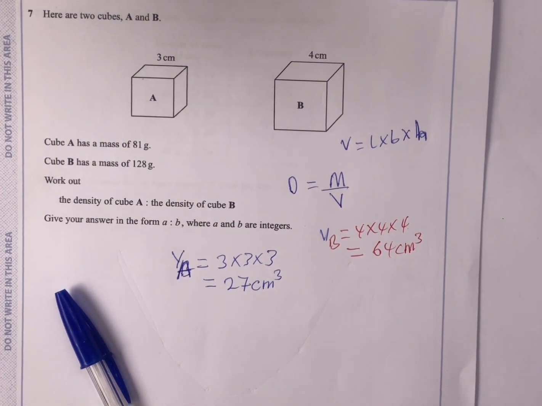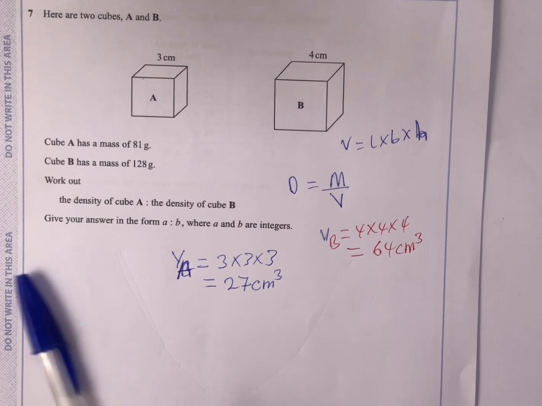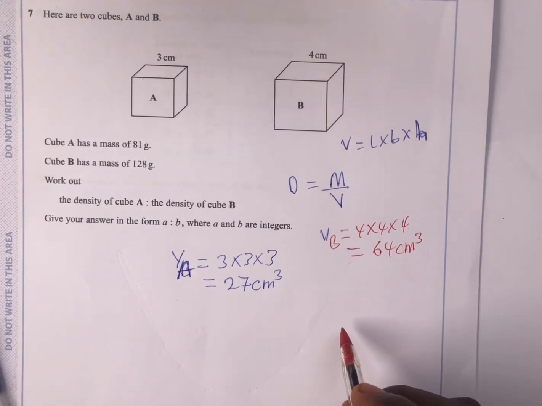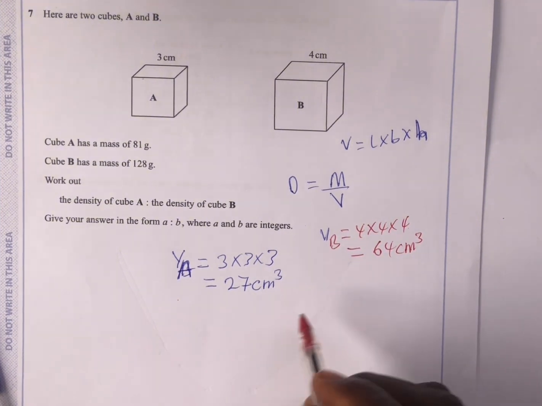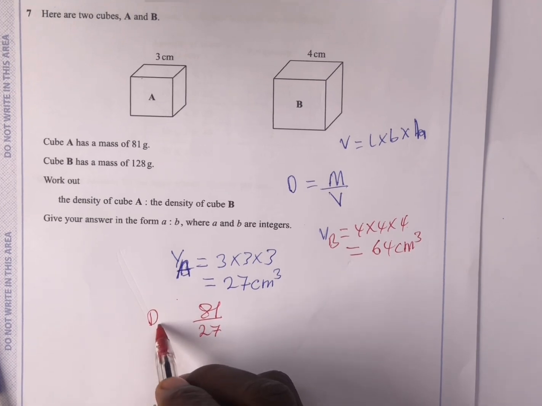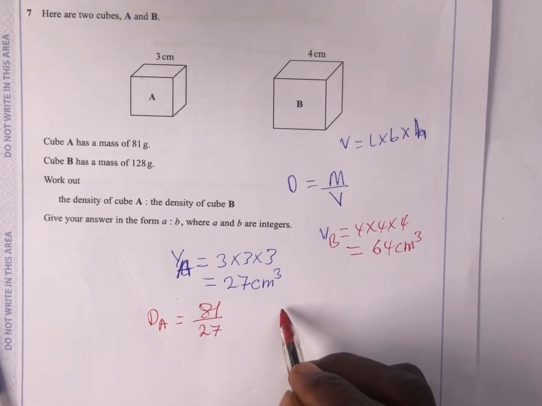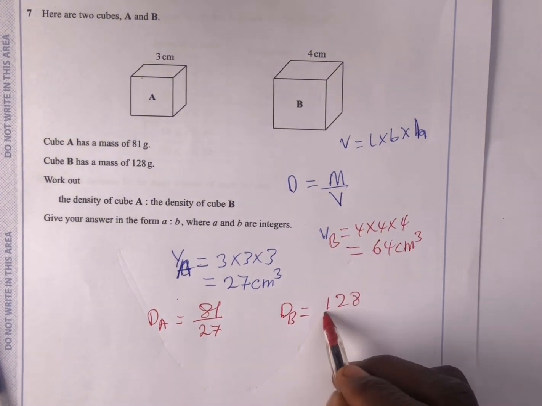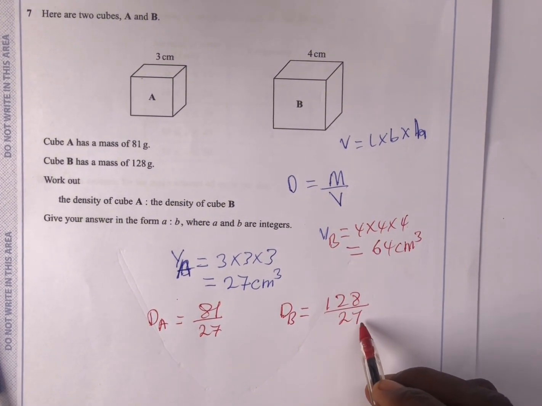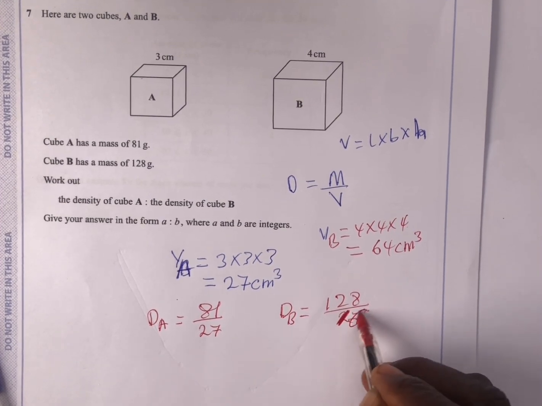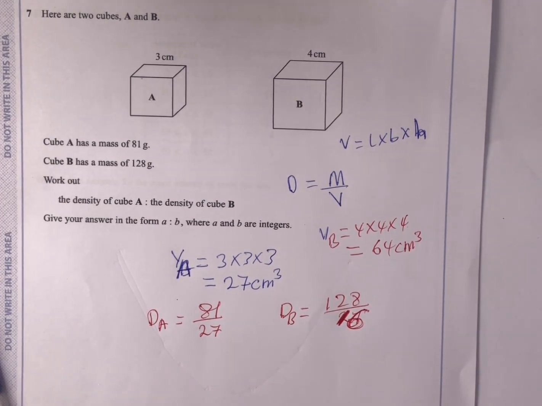So what do we do next? We need the density of A. The density of A is simply mass over volume. What is the mass of A? 81 divided by 27 will give me the density of A. And the density of B equals 128 divided by 16.